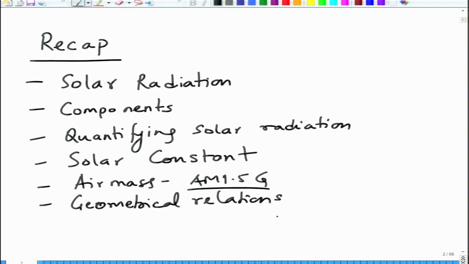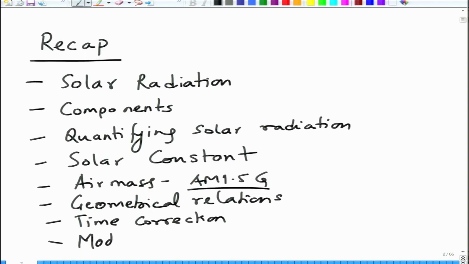So, we looked at things like zenith angle, solar altitude angle, solar azimuthal angle and so on and so forth, and then we also defined various time corrections, and time corrections together with geometrical relations give you a rather accurate estimate of the angle and the time at which the radiation is falling on the surface.